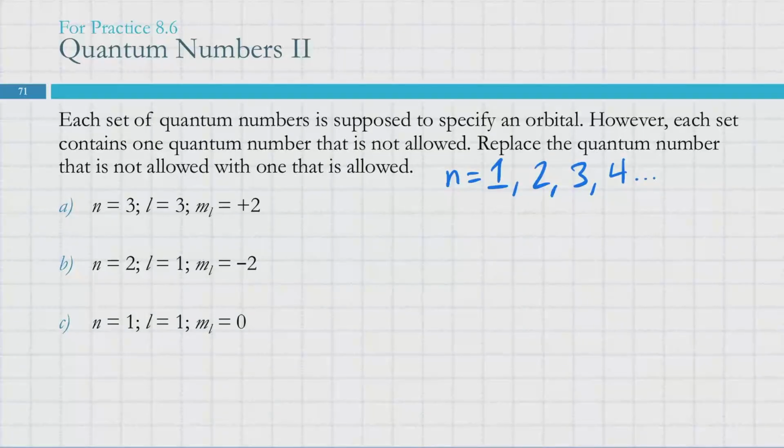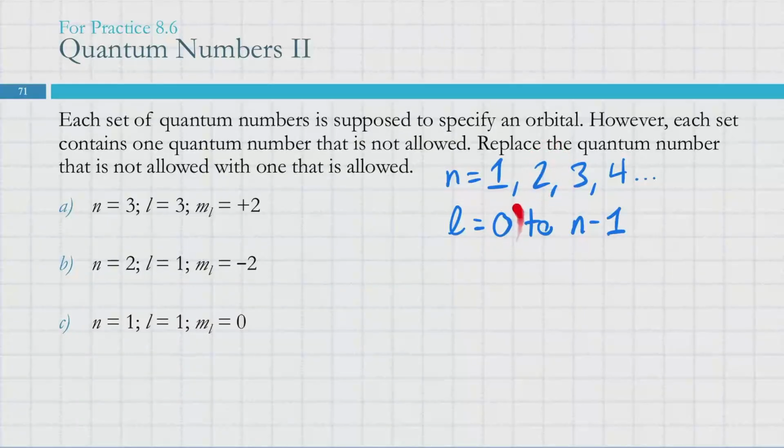Increasing, it starts at 1, though. Based on our n number is our L number, and our L number is 0 up to n minus 1. So for n equals 1, 0 to 1 minus 1, the only option for L is 0.